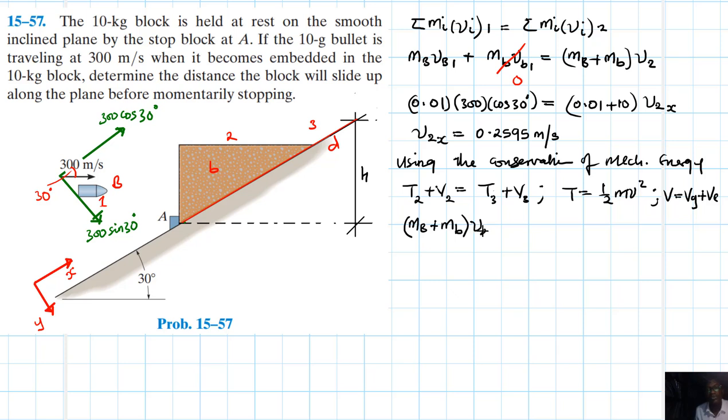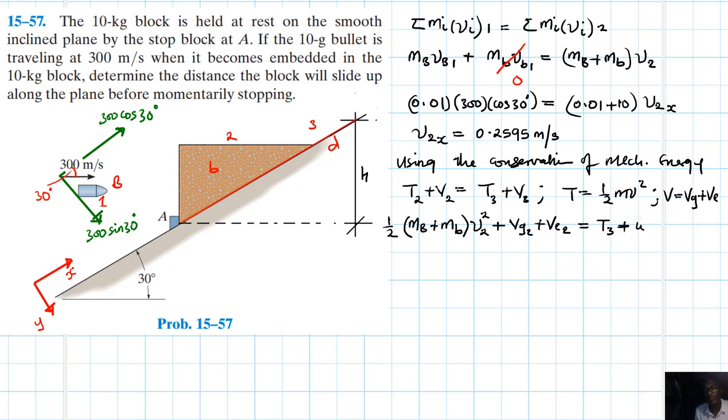We have v_2. This is half m v_2 squared, plus V_2 itself, so this is just all 0. Then this is equal to T_3 plus V_e and V_g.